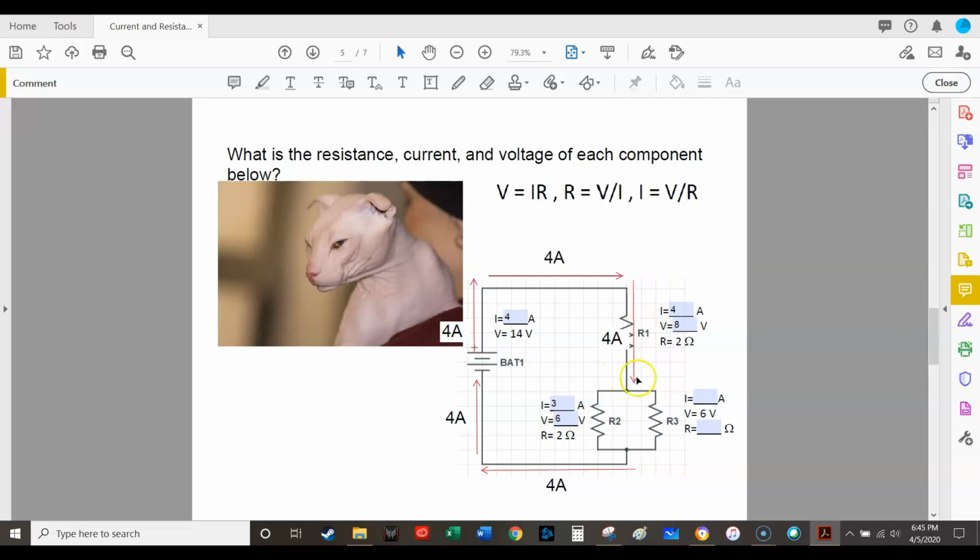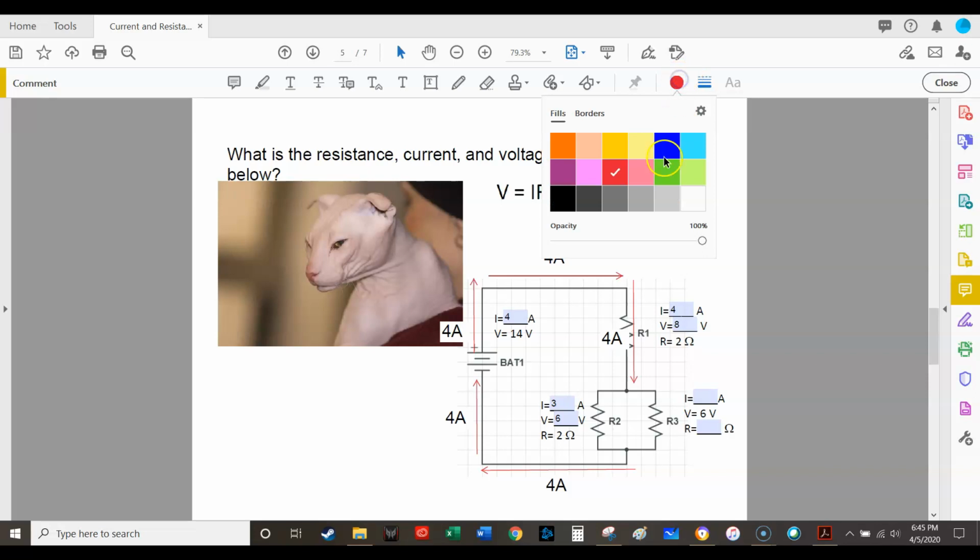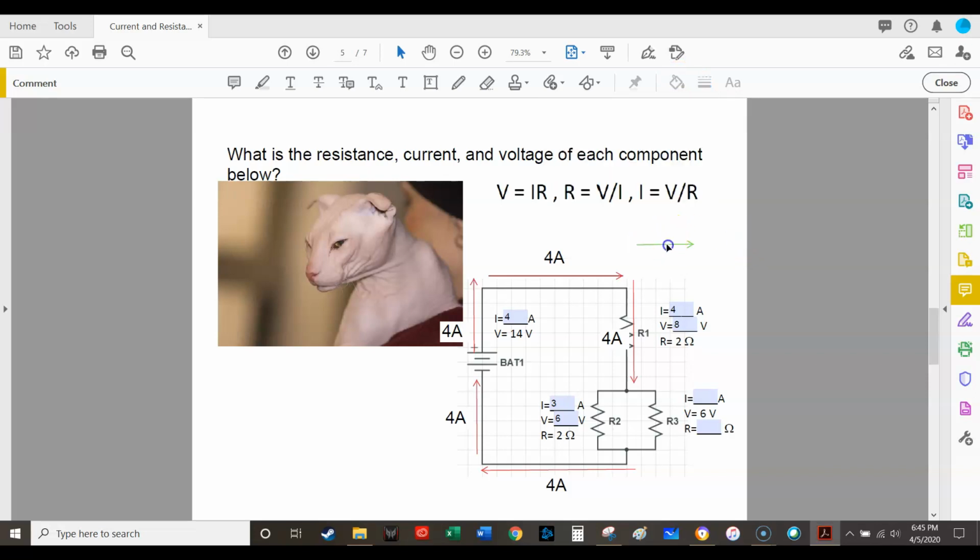When it gets to here, it's going to break off into 2 different currents because it gets to a branch where it splits into 2 different currents. So I'm going to grab one of these arrows and call it green. Green is going across, going down.